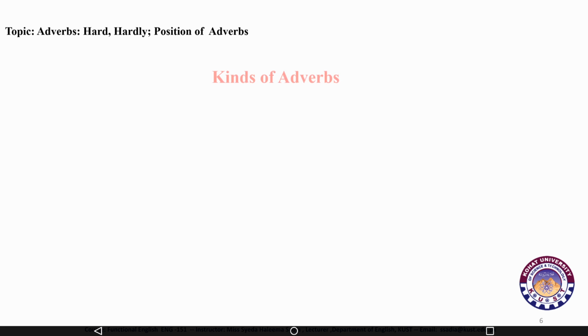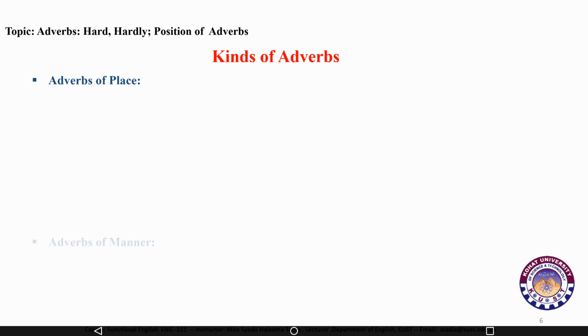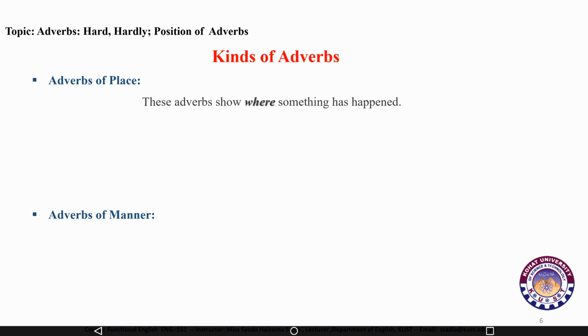Moving on to another kind of adverb, which is adverb of place. Adverb of place shows where something has happened. We will come towards adverbs of manner later.